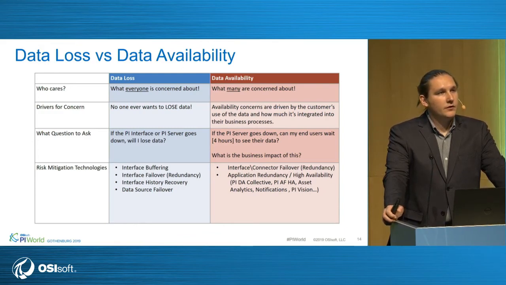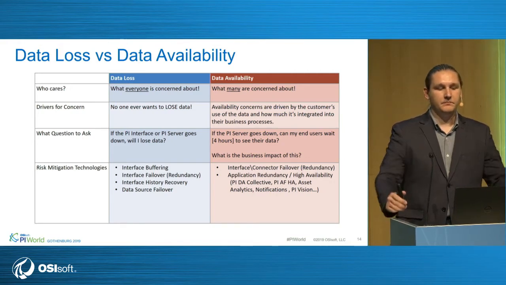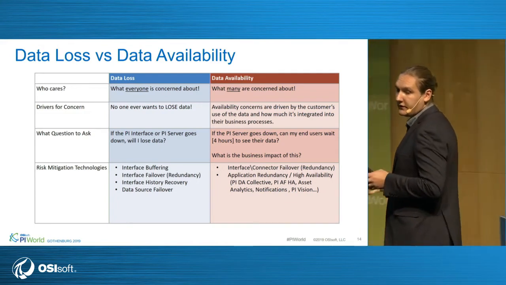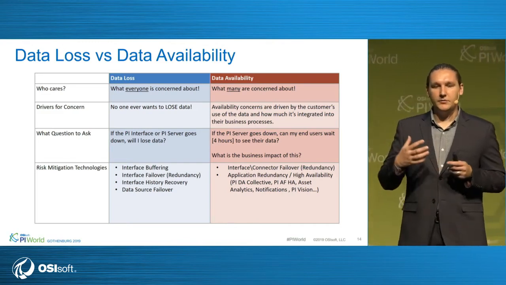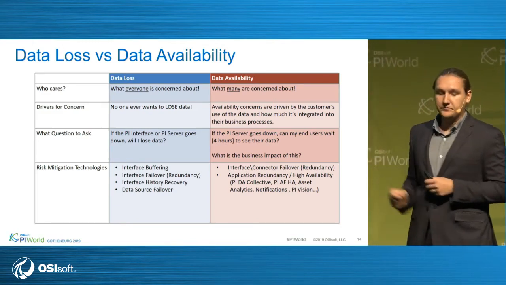And of course, if the data source itself has a risk of data loss, data source failover can also be implemented. So data loss is what everyone is concerned about.